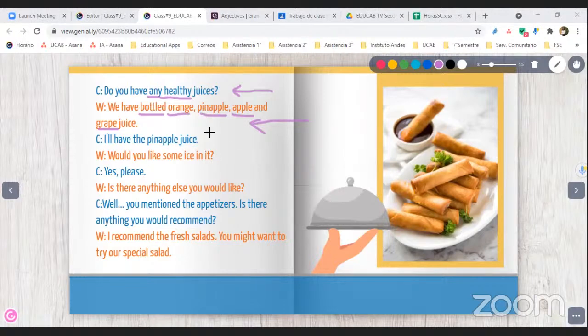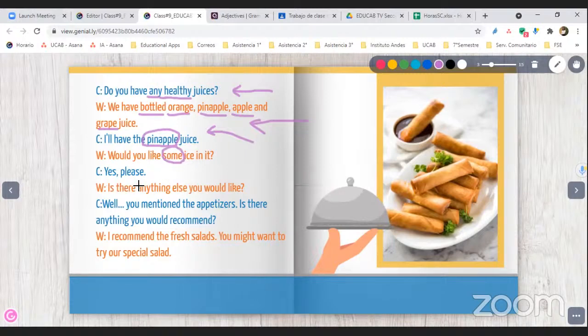Okay, let's see. The next one: I'll have the pineapple juice. Well, here it is repeated, okay? Pineapple. Let's see, in the next one: Would you like some ice in it? Can you spot an adjective? Some. Some, good, because some is modifying the ice, okay? It's specifying the amount of ice.